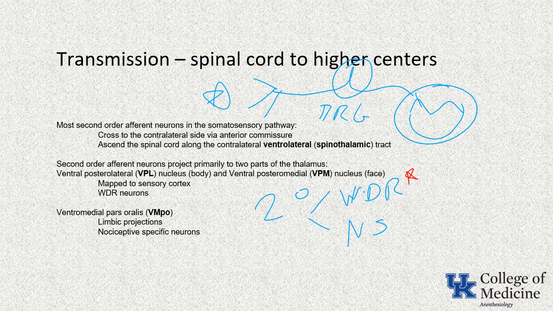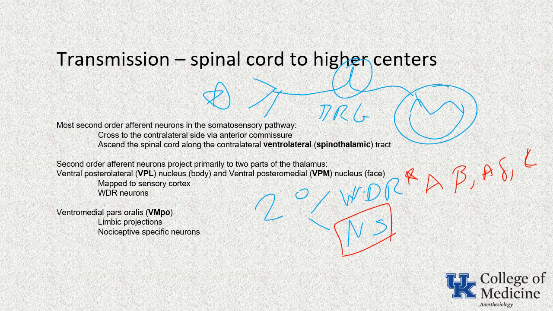They can receive inputs from A beta fibers, A delta, and C, and they correspond to different intensity of stimuli as well, and they are responsible for the phenomenon of referred pain. Nociceptive specific neurons, as the name states, respond specifically to nociception.